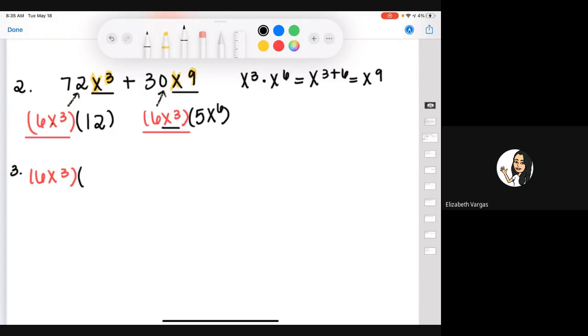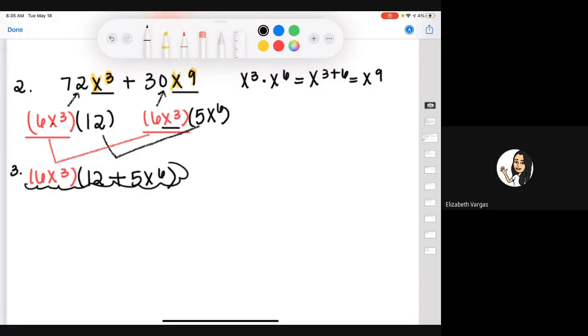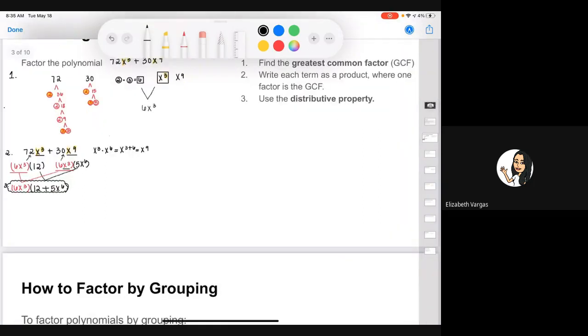What you're going to do, and you're going to see this repeat as we go throughout, is put those together by using addition. So you see how I've put those together? These are the same, so I just have to write it once. Because those two are different, I just add them together. And so that gives me this, which is my resulting expression, or my factoring of my original polynomial.